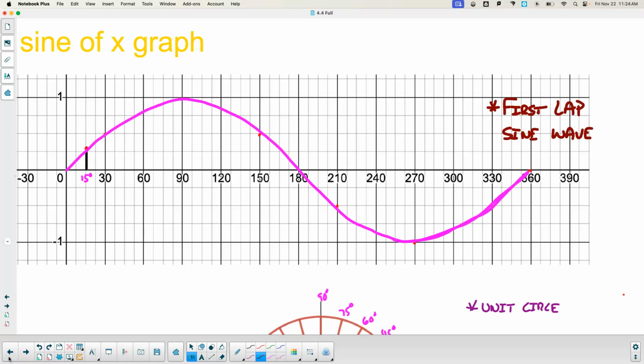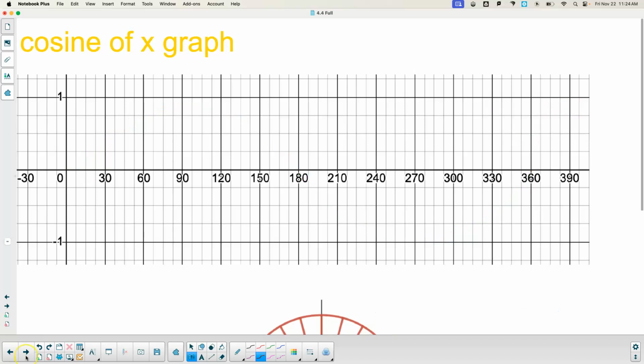What I'd like you to do now is flip your page over. Now I want you to graph cosine. Instead of graphing sine, where we were looking for the vertical part, what are we graphing now? Cosine. So we're looking for the horizontal part.